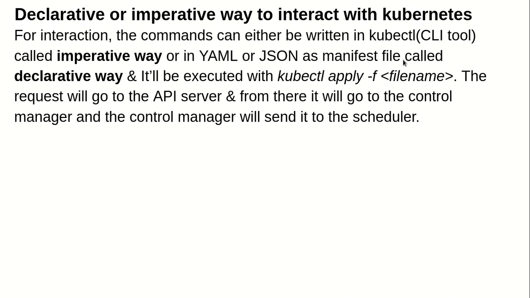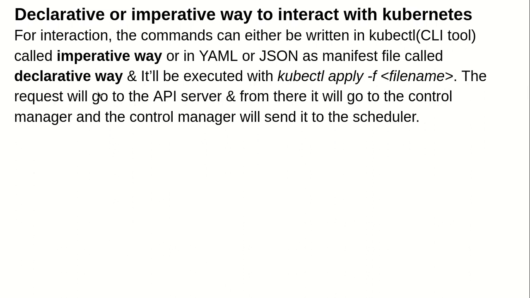Commands written in files are called the declarative way. So you either write the commands in kubectl one by one, or you write them in a JSON or YAML file that will be executed at once. This file is executed with kubectl apply -f filename.